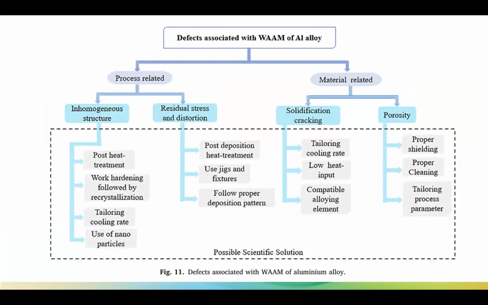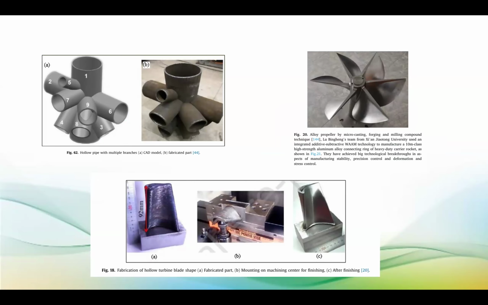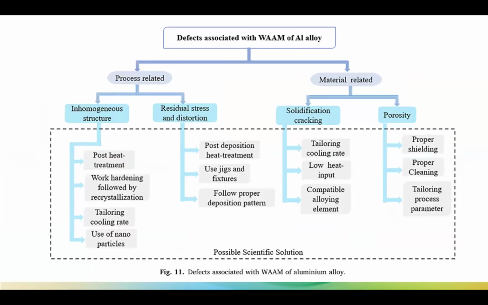So even in spite of these advantages, the major advantage is that complex geometry can be manufactured using this method. In addition, there are defects still associated with WAM products. That is inhomogeneous structure. We need post heat treatment, then we need surface treatments for finalization.